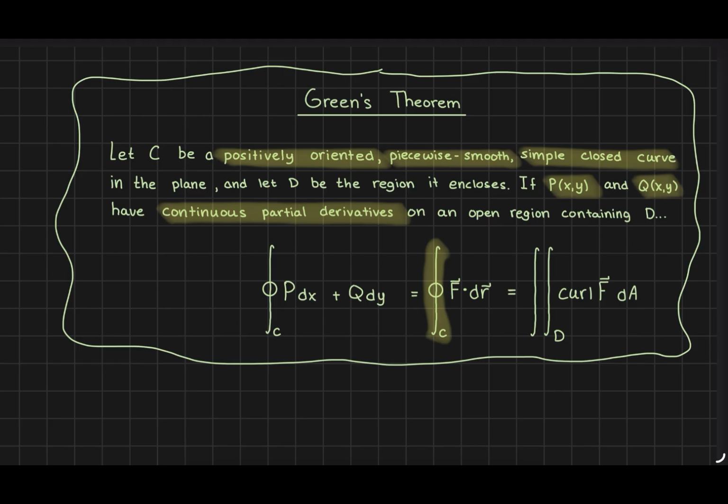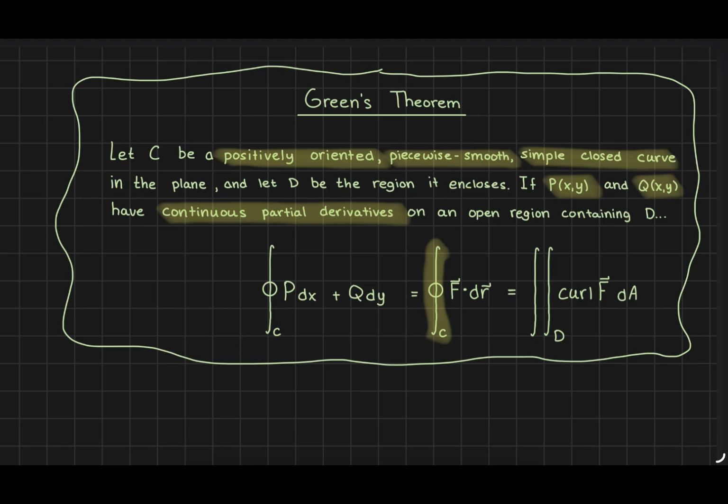If P of x,y and Q of x,y have continuous partial derivatives on an open region containing D, then the following is true. First off, I want to address a couple of the words that are used in here, because it might be a little bit difficult to digest.